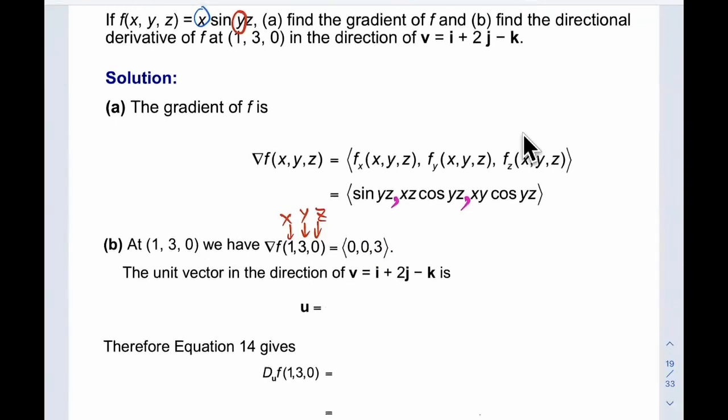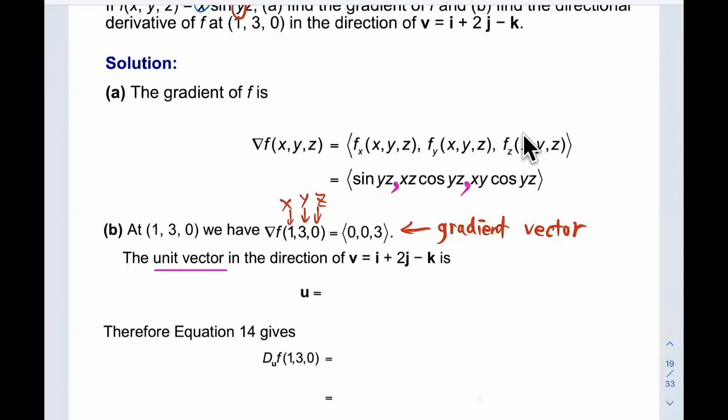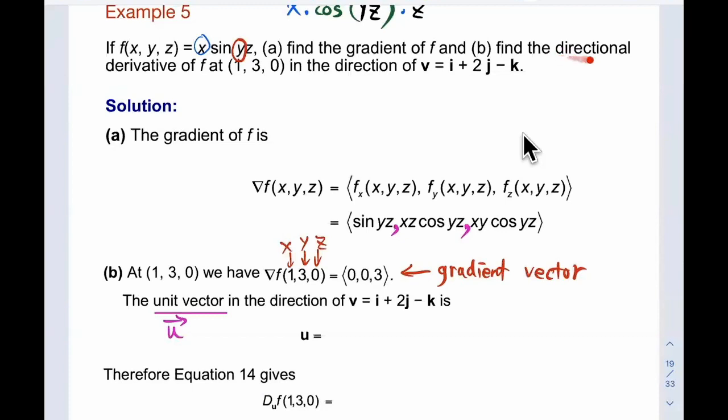Now remember, this is not u yet. This one here is the gradient vector. Now we're trying to find the unit vector in this direction, this u over here. The second part is trying to find the directional derivative of the function in this direction.